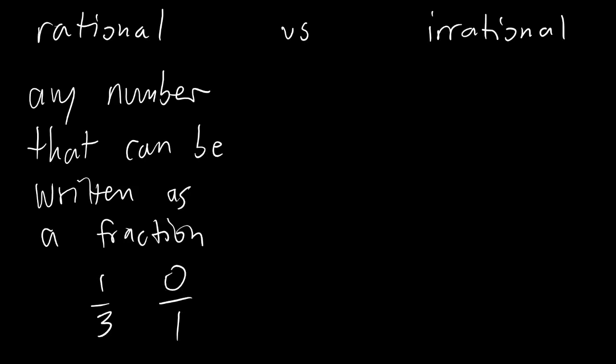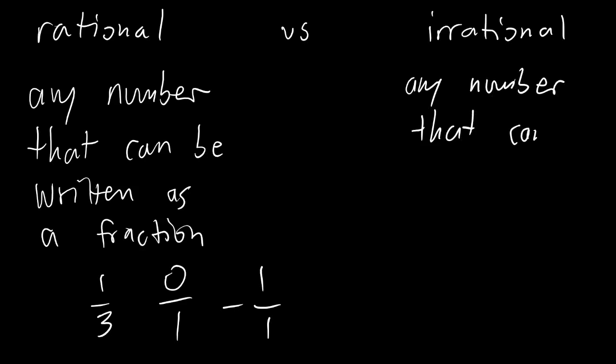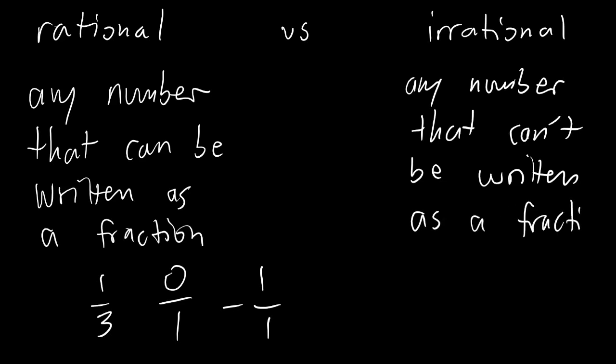Negative numbers are also rational. For example, -1, that's -1 over 1, right? Irrational numbers are any number that can't be written as a fraction.